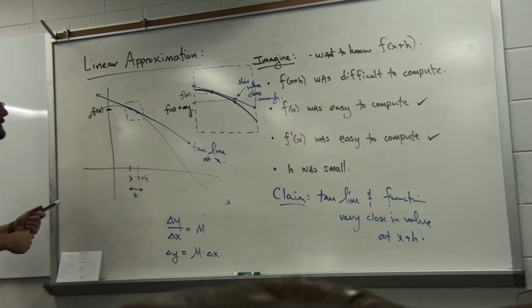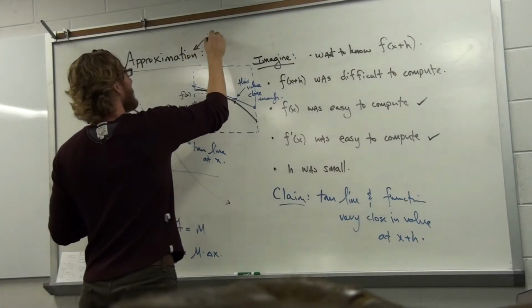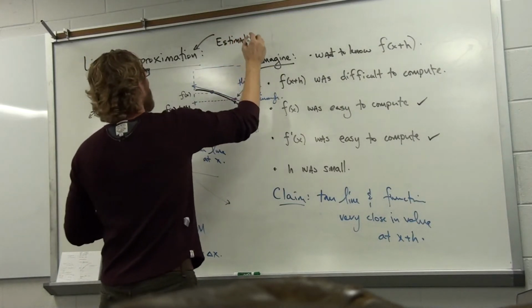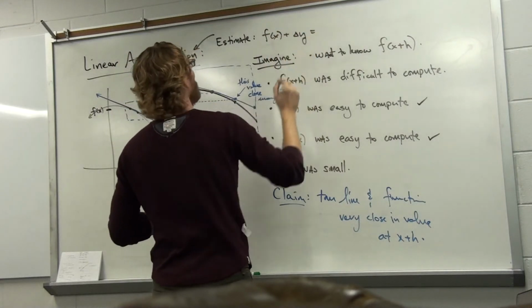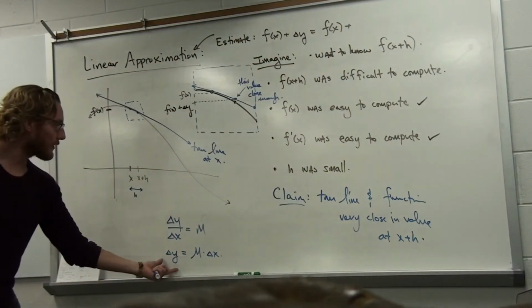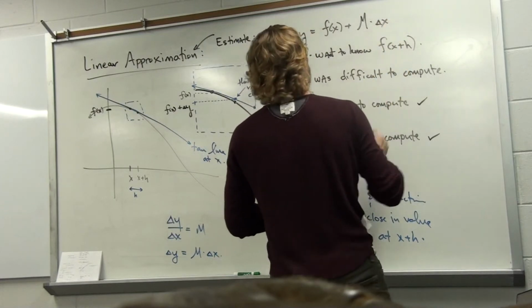Well, that means our linear approximation estimate is going to be f of x plus change in y, and change in y is equal to m times delta x.